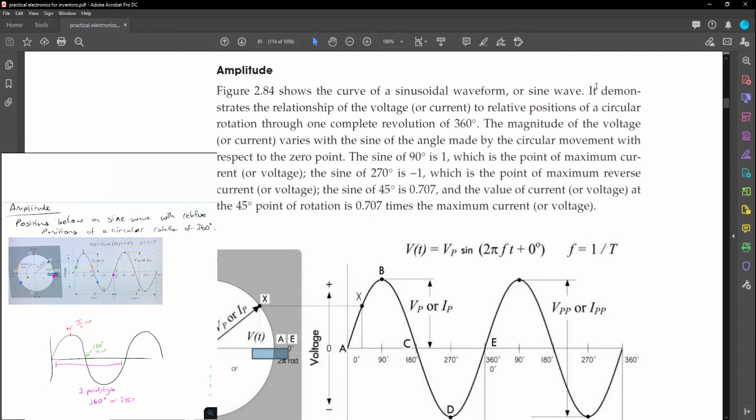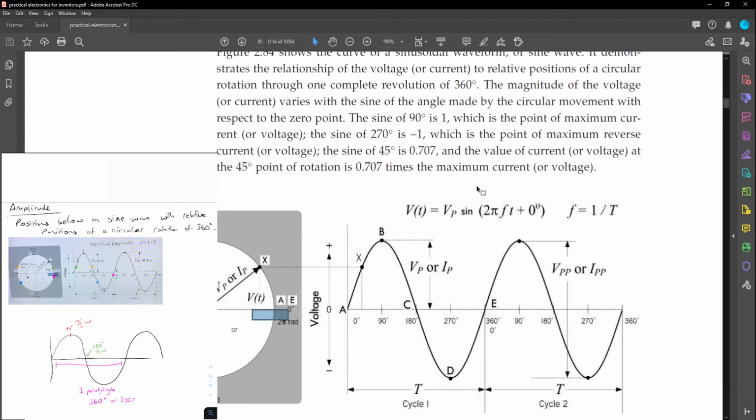So the magnitude of the voltage or current varies with the sine of the angle made by the circular movement. Huh? It varies with the sine of the angle. Okay, so where's magnitude? This is the magnitude, and this is the magnitude, right?